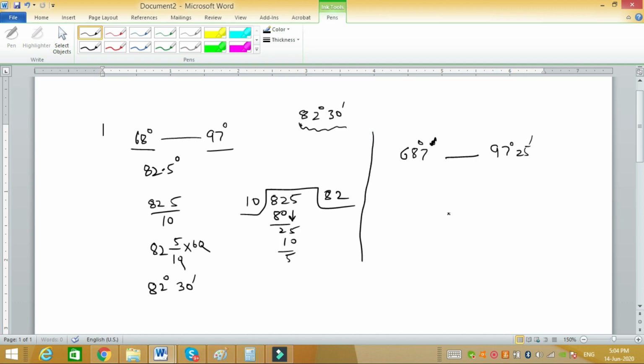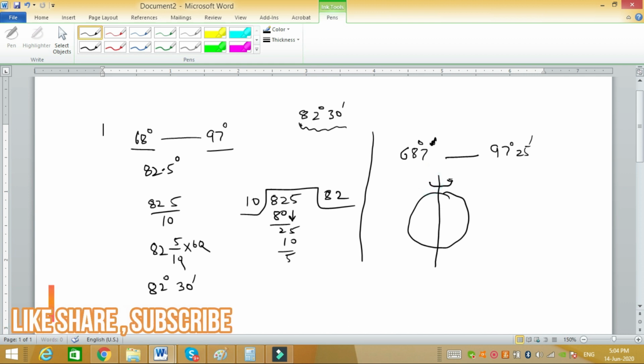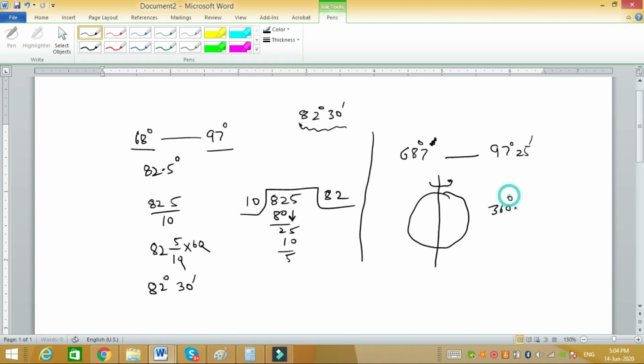Actually, in the last video I covered this thing. The whole earth completes one complete circle in 24 hours, which means the 360 degrees of the earth are covered in 24 hours. So in 1 hour it covers 360 by 24 degrees, and in 1 minute it covers 4 degrees of longitude if you multiply it by 60.